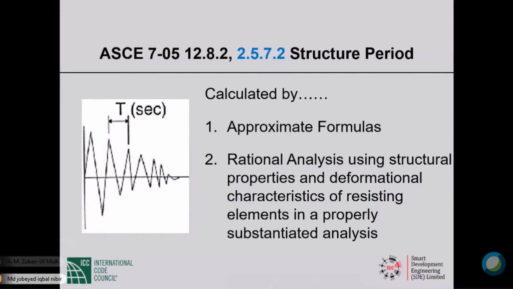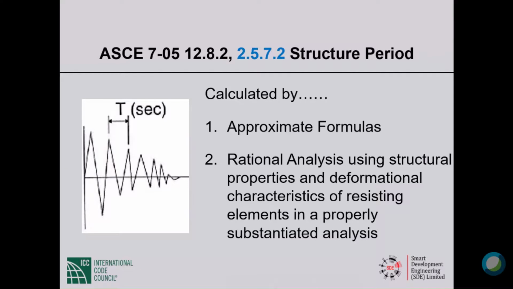Okay. So in the design base shear equations, we have the period T, we have R, we have I. So we have to discuss all of that. The period is a function, remember, of the mass and the stiffness.